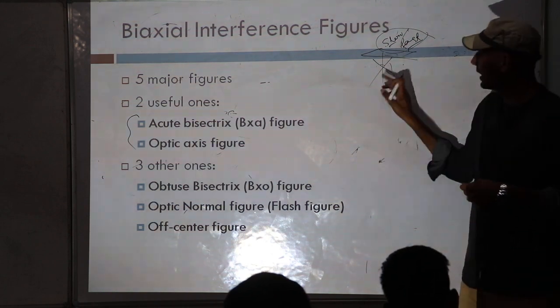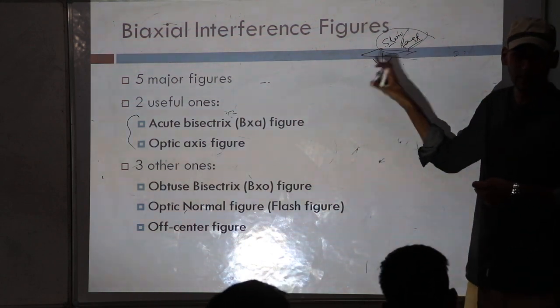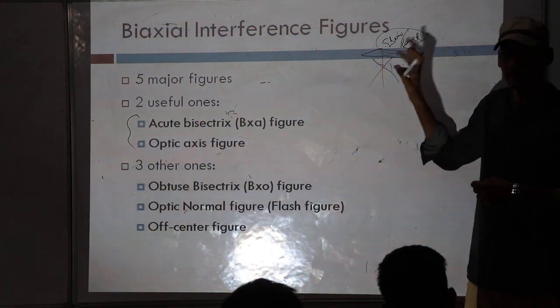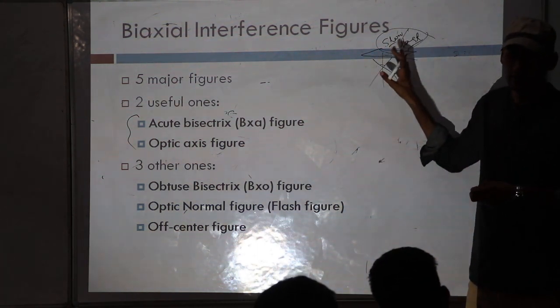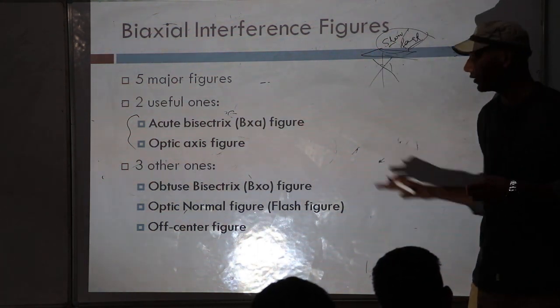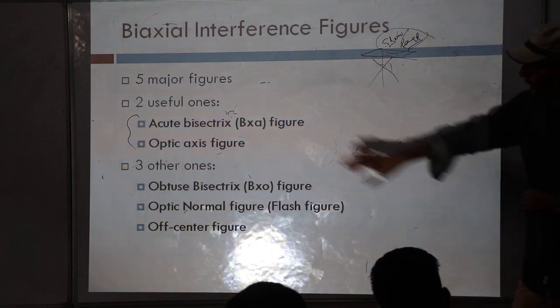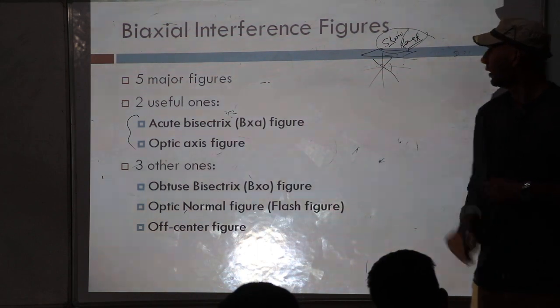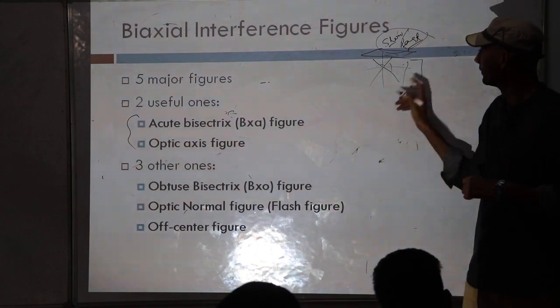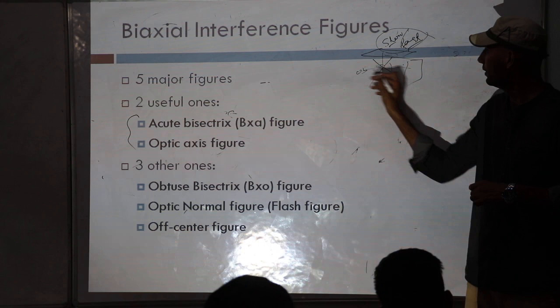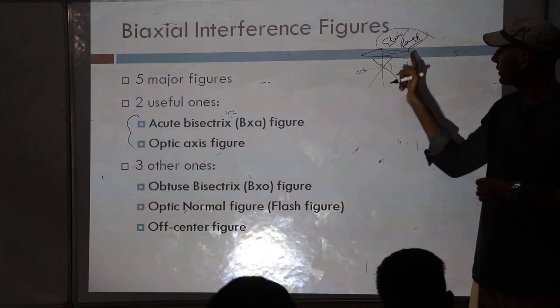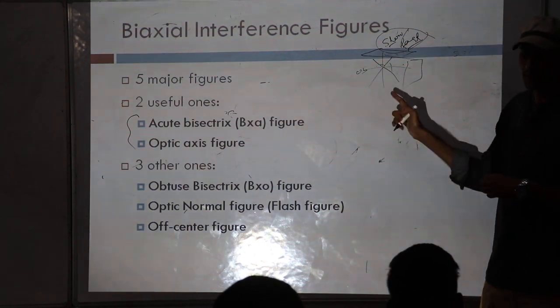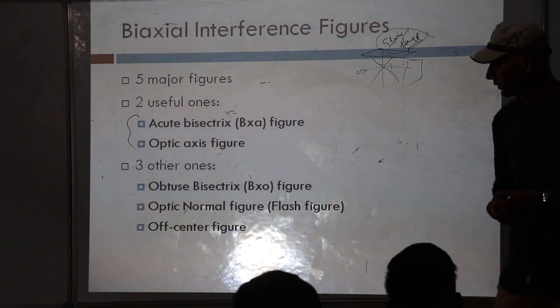If there is a very small 2V acute angle, then only you can see both of the melatopes in the field of view. I will discuss that. Then obtuse bisectrix figure means you are watching a section like this, right? This is the obtuse angle bisectrix, and the obtuse bisectrix is at the center of crosshair.